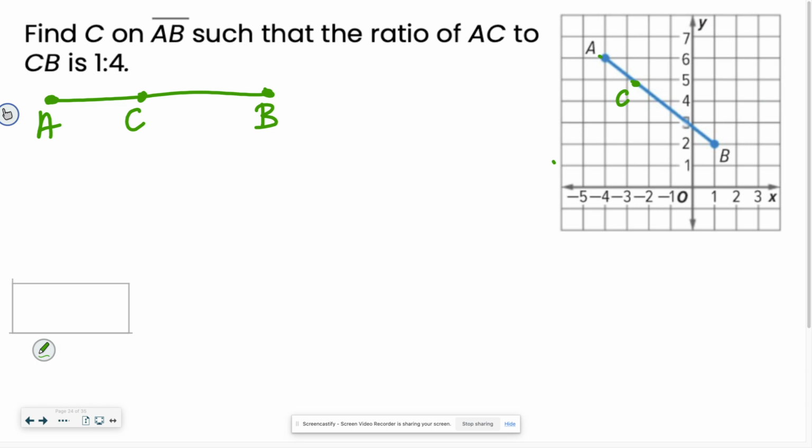Now with the ratio, we don't really know what it equals yet, but we know the parts. So since I don't know what the part equals, I'm just going to call it x. So if this is 1x, what would CB have to be? 4x, right? And then together, how many x's are there? 5.